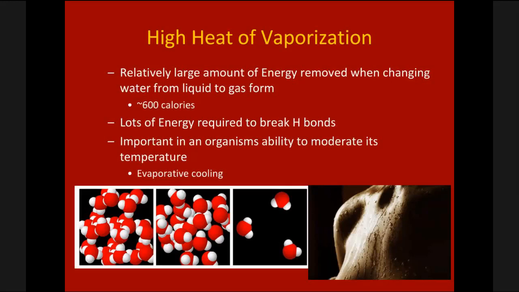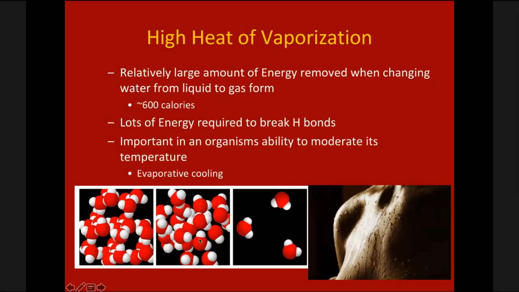All right. High heat of vaporization is also going to help us in regulating temperature in a body, right? So it turns out that we can use energy to break the hydrogen bonds between water molecules. And that's expensive because in liquid water that you're seeing here, there's tons of hydrogen bonds.